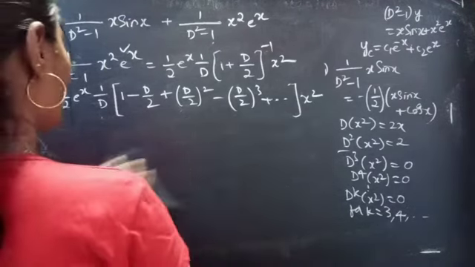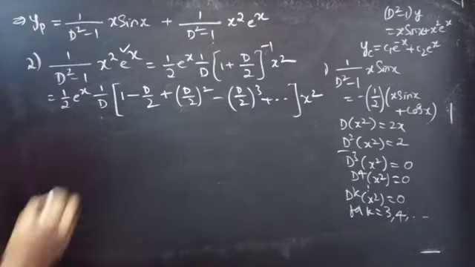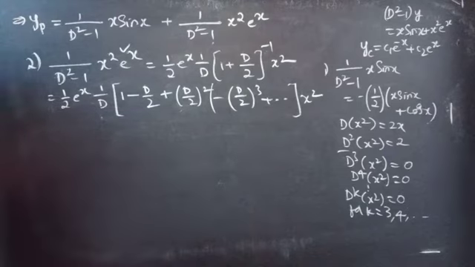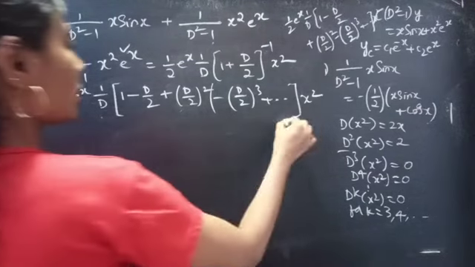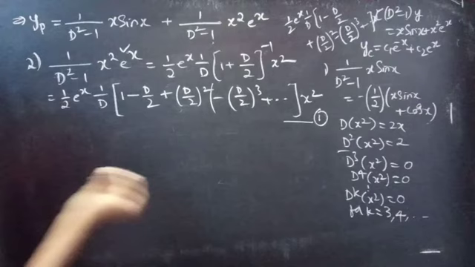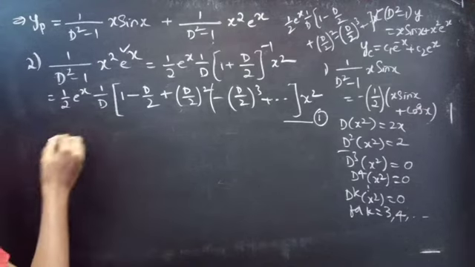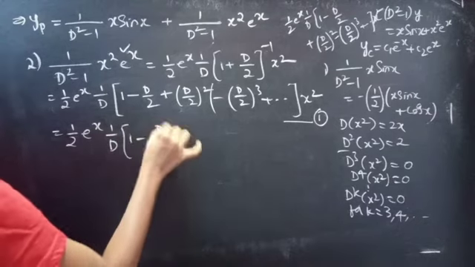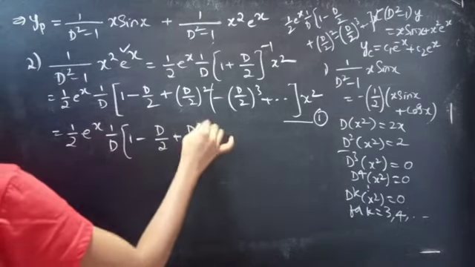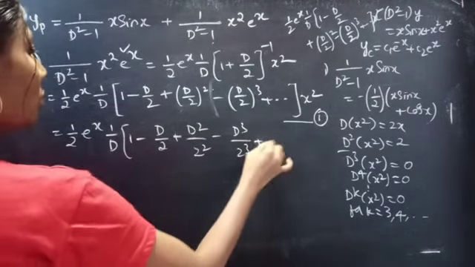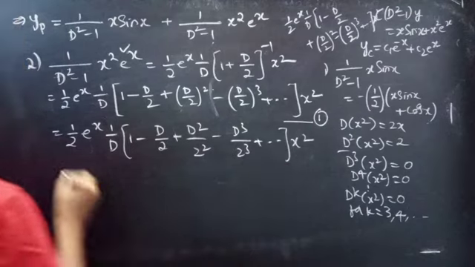I'll show you later. Just consider it as equation 1 for our convenience, because we are going to apply another method later. So this is equal to 1/2 into e^x into 1/D into (1 − D/2 + D²/2² − D³/2³ plus so on) into x².